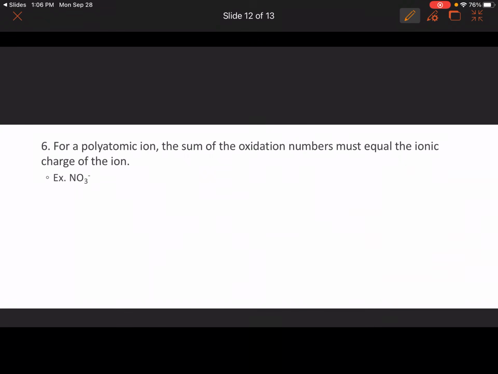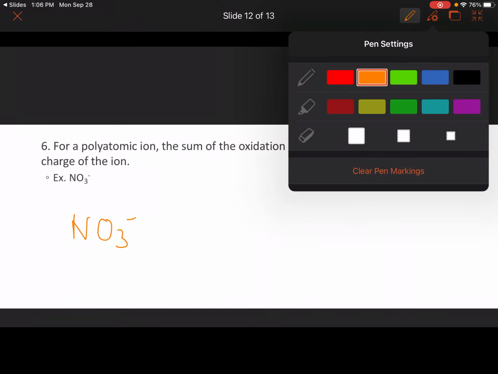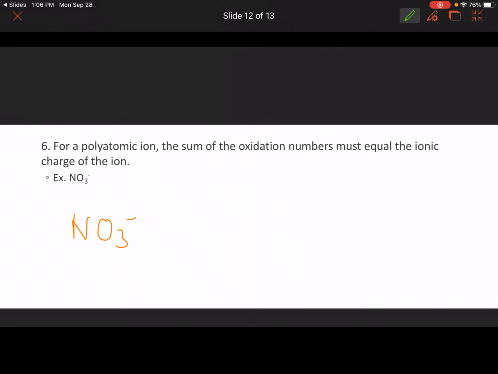Good. Now for a polyatomic ion, the sum of the oxidation numbers must equal the ionic charge of the ion. So for an example, NO3-. I'm going to figure out what the oxidation numbers of nitrogen and oxygen are, and when I add those together, they should equal -1, because I have to have it equal to the ionic charge.